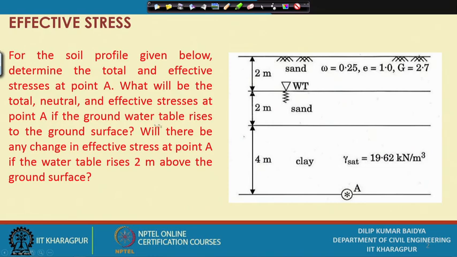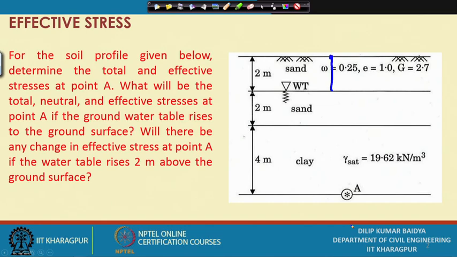Now, I will see once again effective stress at point A. If the groundwater table rises to the ground surface, what will be the total, neutral and effective stress at point A? That means, water table now from here it goes here, then there will be no gamma bulk, only gamma saturated will be 4 meters and gamma saturated for clay also, so all 8 meter will be gamma saturated.